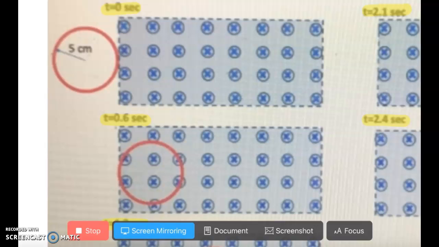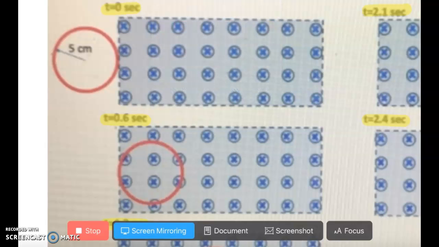Okay, so I'm going to become the loop of wire. I'm going to feel what the loop of wire feels. I know, seems silly. Stay with me. So as I, the loop of wire, go from 0 seconds to 0.6 seconds, I am entering a magnetic field. So this change occurs.